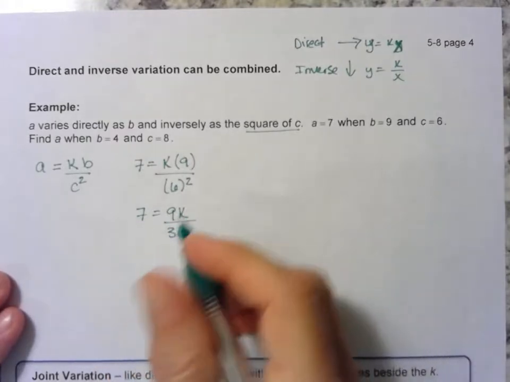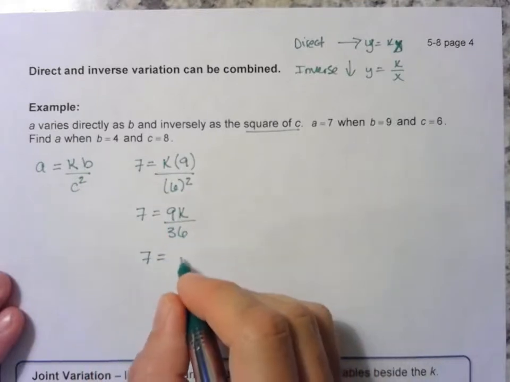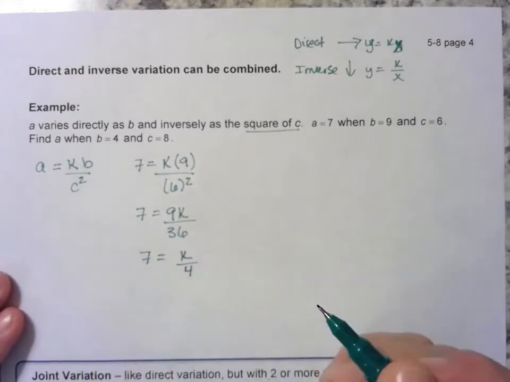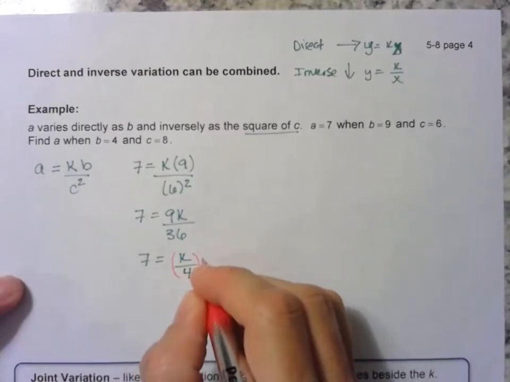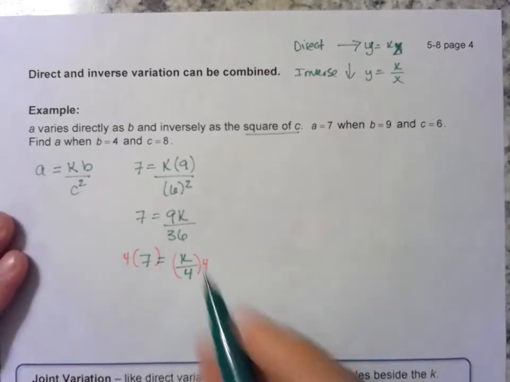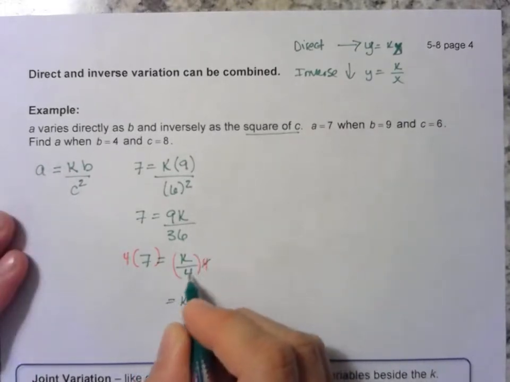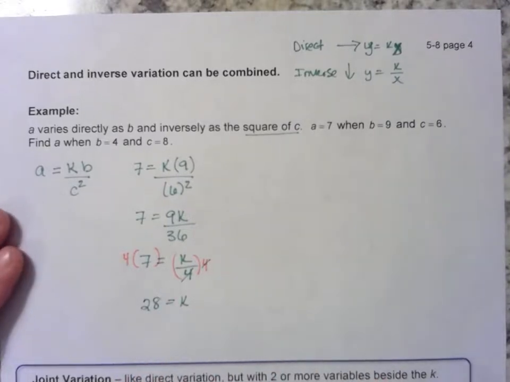We could even reduce that before we start working with it. 9 over 36 reduces to 1 over 4, right? So we can multiply both sides by 4. So k is equal to 28. Our constant of variation is 28.